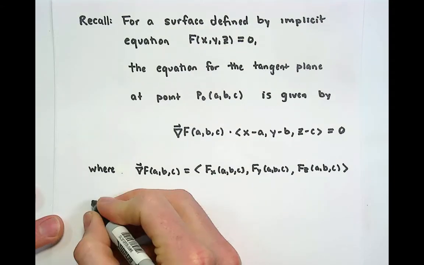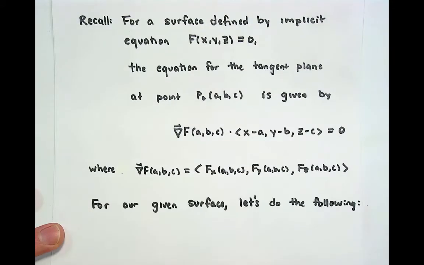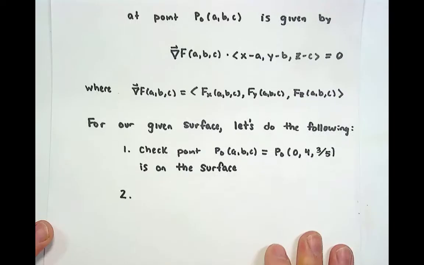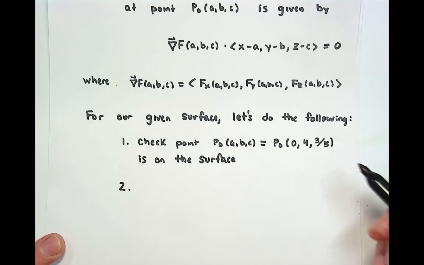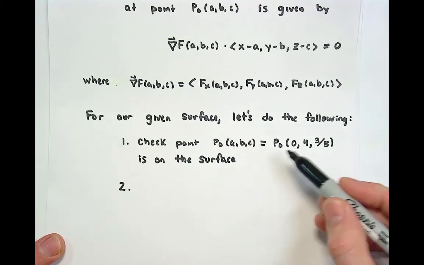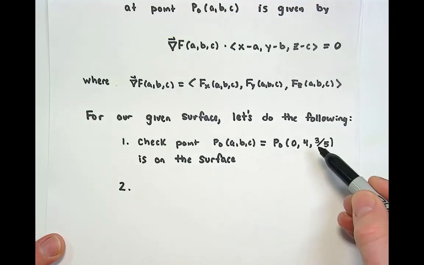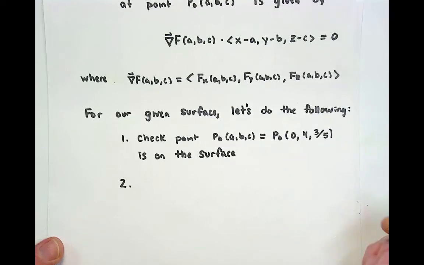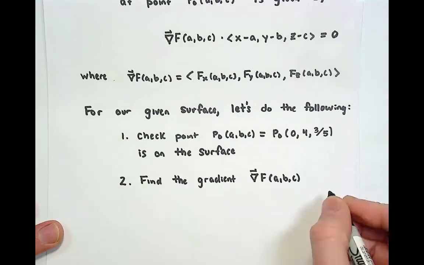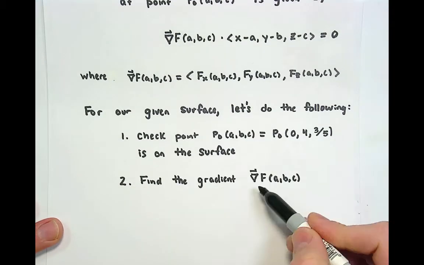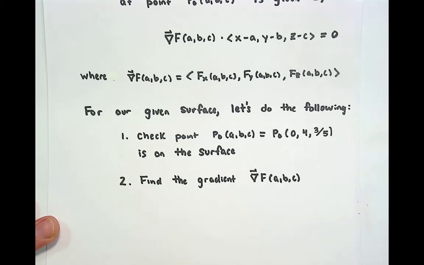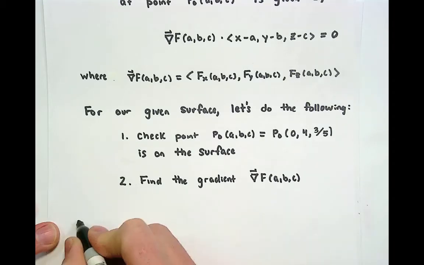Here, when we look at the original equation, we're going to do two things. First, we're going to check that the stated point 0, 4, 3 over 5 is on the surface, and next we're going to find the gradient of this function at this stated point.